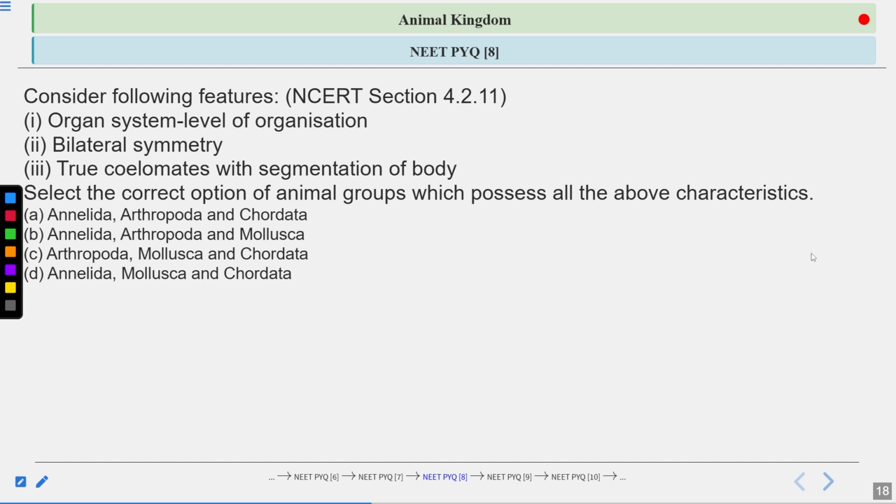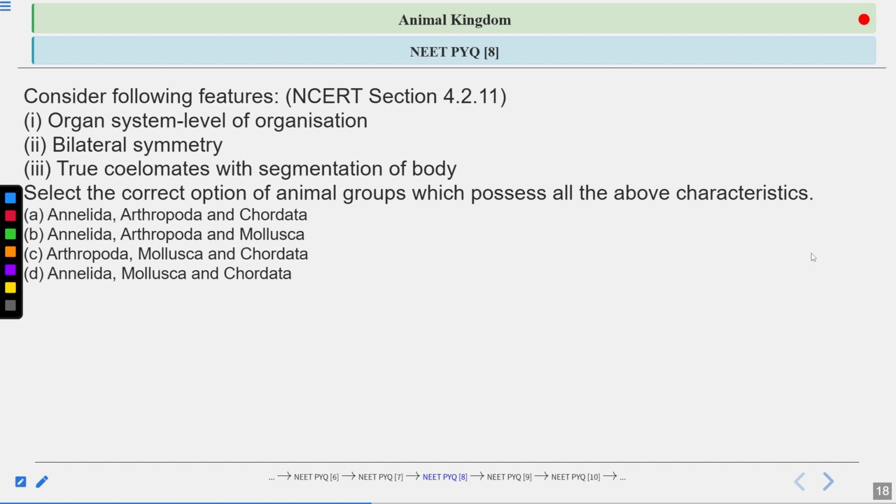Consider the following features. What are the features? First, organ system level of organization. Second, bilateral symmetry. Third, true coelomate with segmentation of the body.